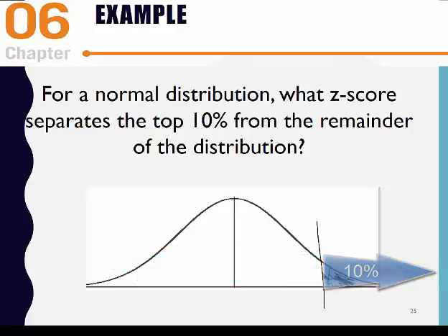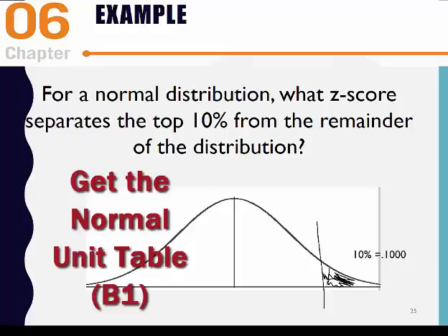Well, if we know it's 10%, we know that's a proportion of 0.1000 that are in this side of the tail. So now you just have to look at the table and look for a proportion in the tail of about 0.1000. And you'll see that you're not going to find exactly the value.